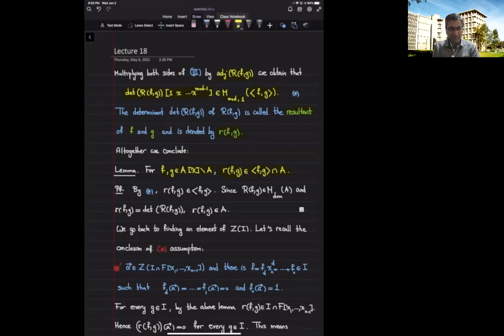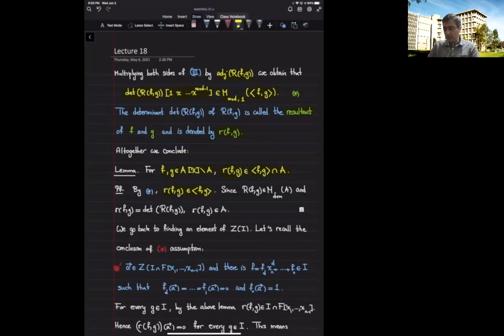So let's actually make sure we know why this is the case. By this argument that we have over here, the first entry, which is this resultant, should belong to the ideal generated by f and g. So that means that the resultant is inside the ideal generated by f and g.